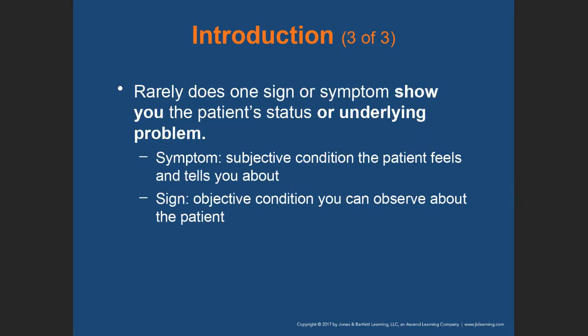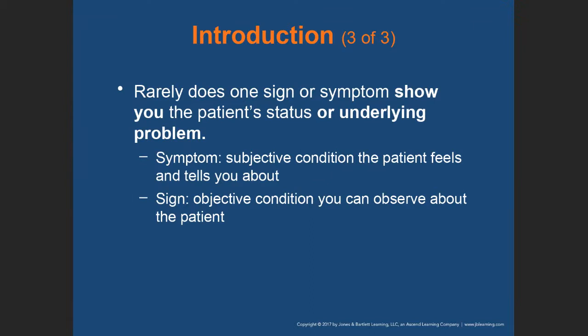Rarely does one sign or symptom show you the patient's status or underlying problem. So we must be able to differentiate the difference between a symptom and a sign. So symptom is subjective information. This is what the patient tells you. What is it that the patient is complaining of? Headache, difficulty breathing, chest pressure, palpitation.